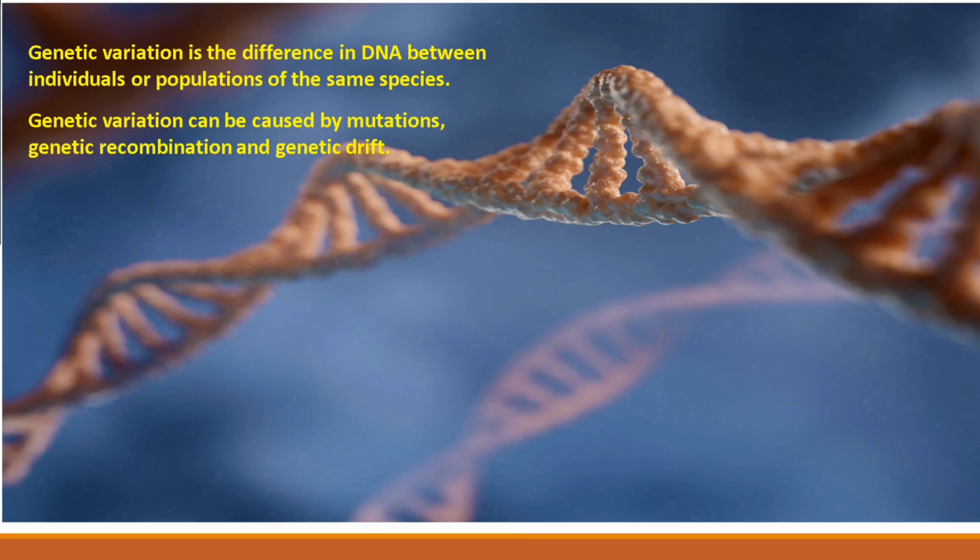It can also be caused by genetic recombination, which refers to the rearrangement of DNA sequences by the breakage and rejoining of chromosomes or chromosome segments, and by genetic drift. So what do we mean by genetic drift? Genetic drift is the change in frequency of an existing gene variant in the population due to random chance.